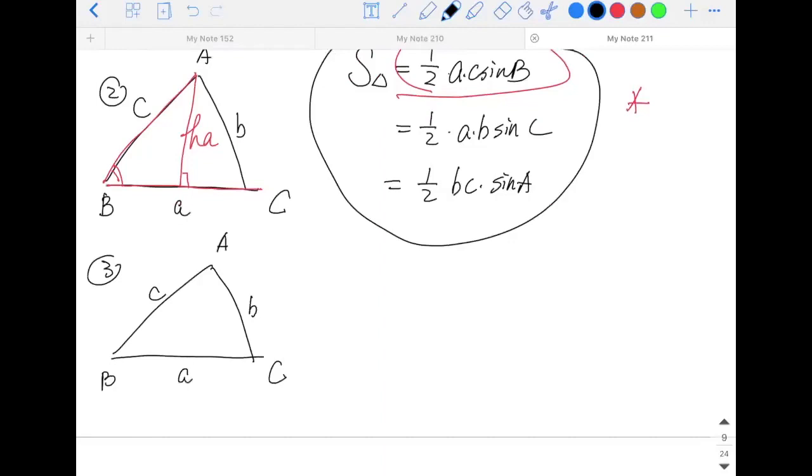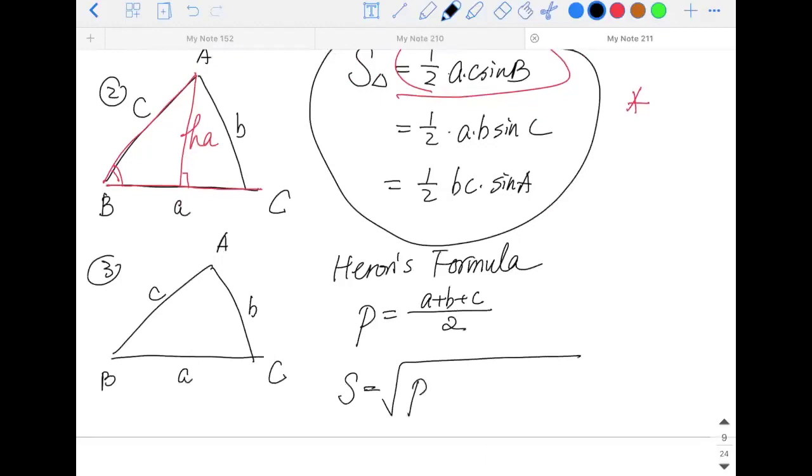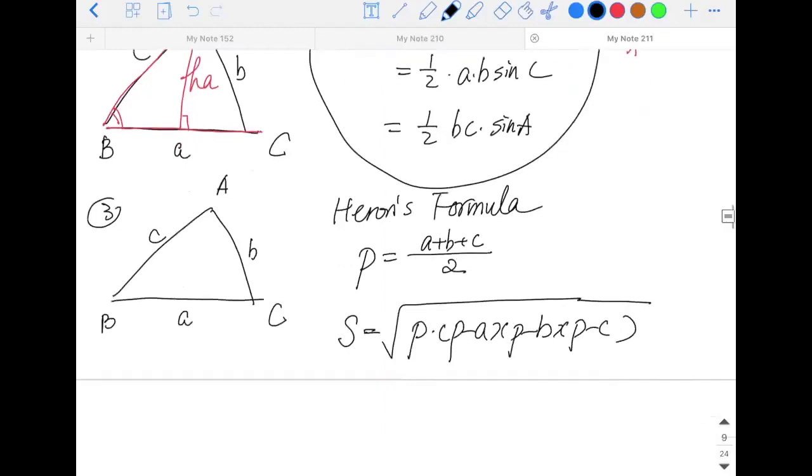You're going to use the famous Heron's formula, right? I think that's what everyone knows. P equals A plus B plus C divided by 2, and S equals the square root of P times P minus A, P minus B, P minus C. This is Heron's formula.